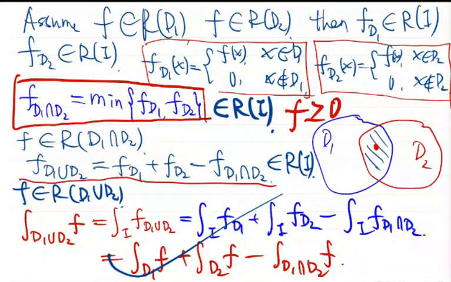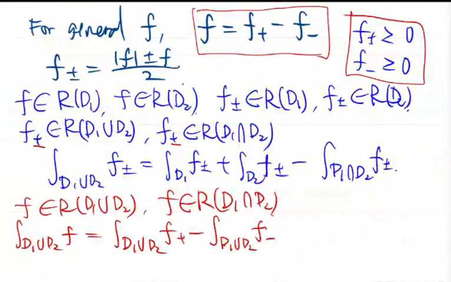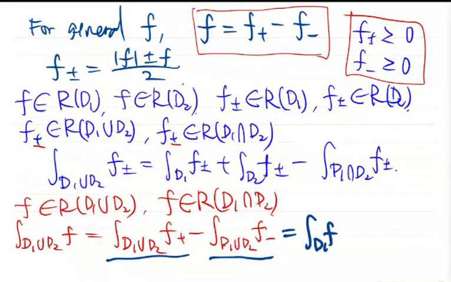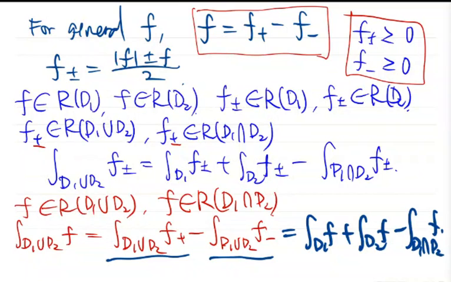Applying this result, because it is true for non-negative functions, to our f plus and f minus, eventually you will find that this is the integral over D1 of f plus the integral over D2 of f minus the integral over D1 intersect D2 of f, and this completes the proof of our theorem.